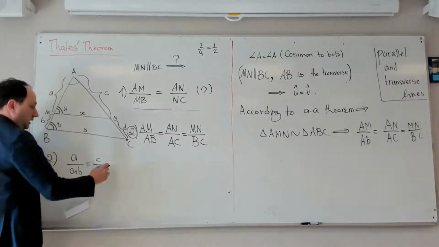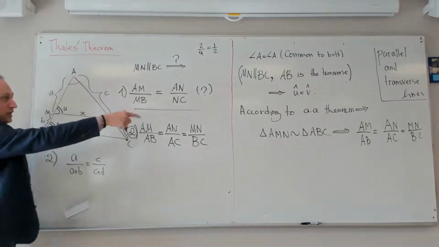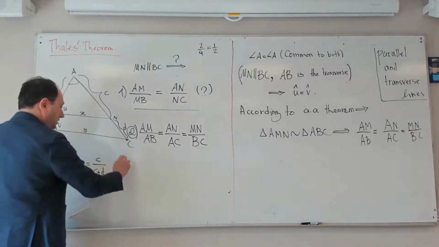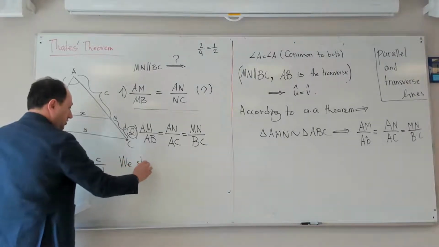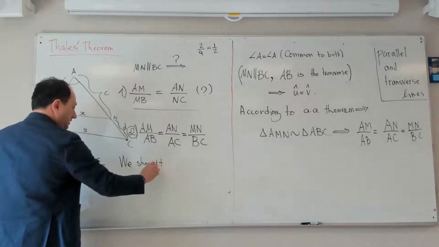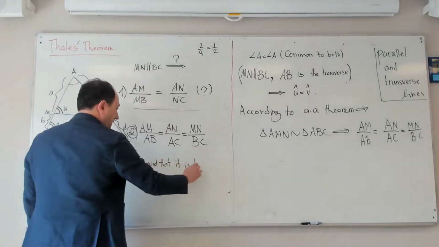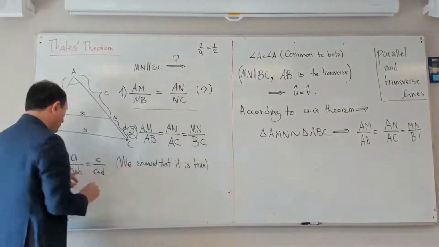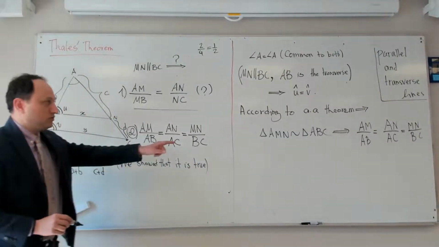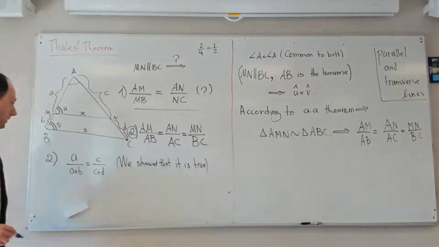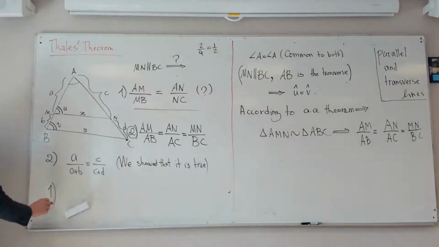Let us stop here. I can continue, but I don't need more than that. This is number 2, and we showed it is true. If I ask you whether you believe it, you will say yes. This is just a translation into this new language. But number 1, what do I want to show?